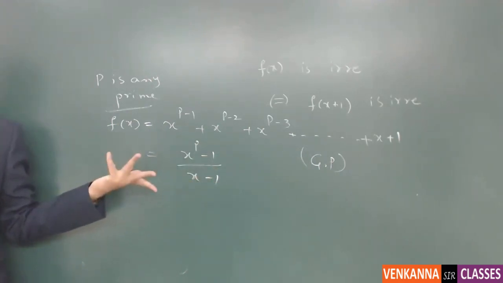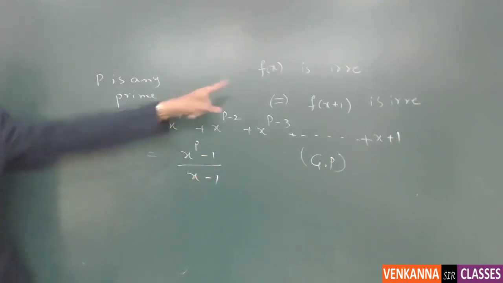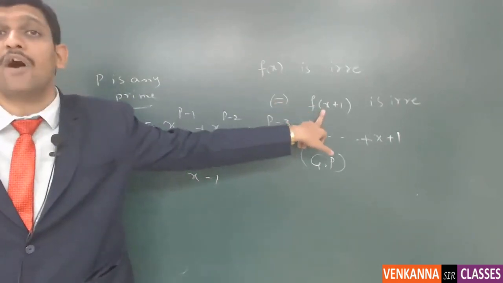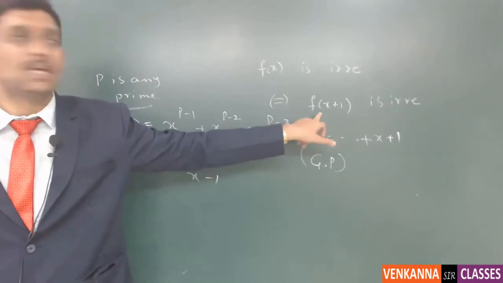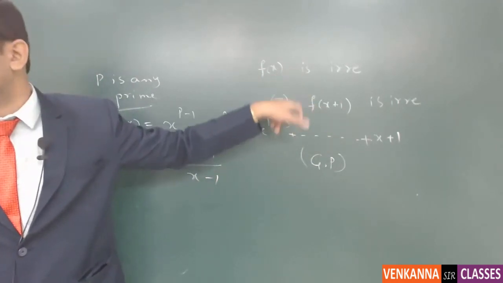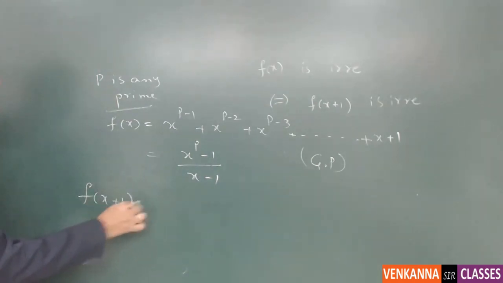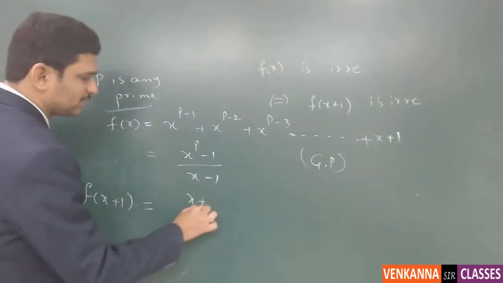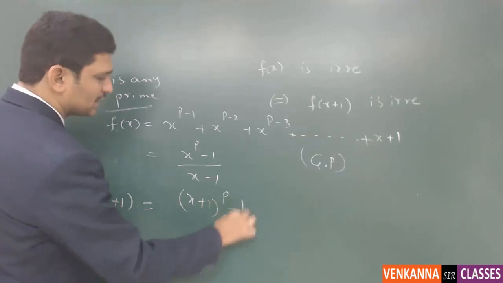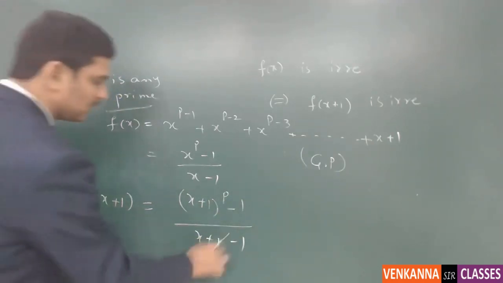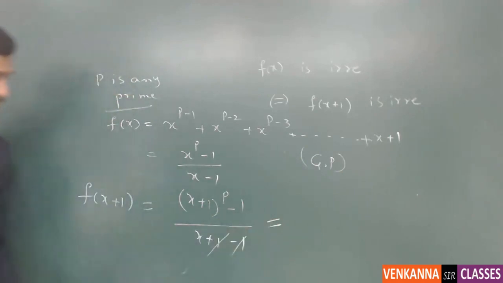Since there is no technique available to me straight away, apart from taking f of x, I can consider f of x plus 1, because these two results are equivalent. So I will consider f of x plus 1. So this is nothing but x plus 1 whole power p minus 1 by x plus 1 minus 1. These two things get cancelled.